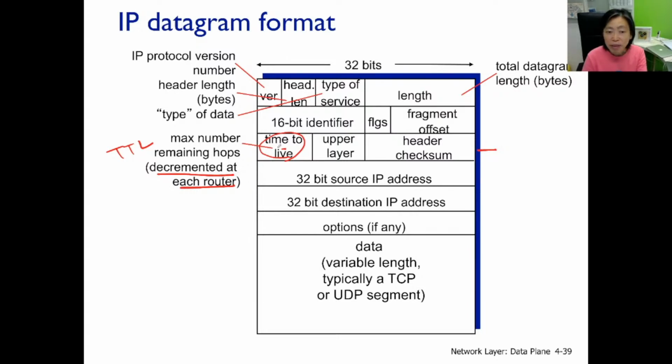When this value reaches 0, the router is going to discard the packet entirely. That also says a packet given n as the TTL will only be able to hop n routers on the internet, and afterwards it's just dropped. So time to live is regulating how many hops the packet can travel on the internet.